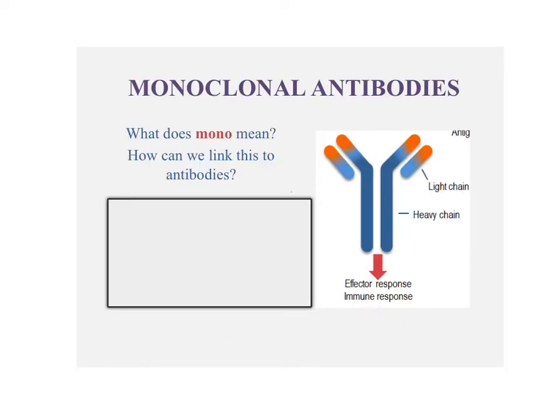Now, to begin with, we need to think about what mono means. Monocle, a monobrow. What does that prefix, that beginning bit of the word, mean? And monoclonal means one specific type of clone of antibodies. So all of these monoclonal antibodies that a cell produces are identical.